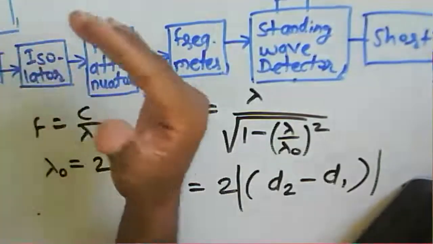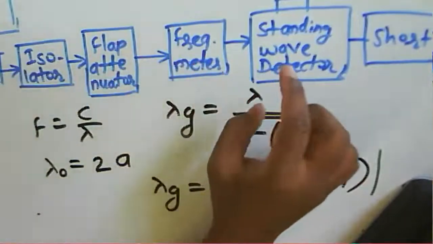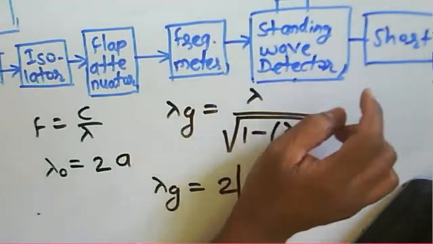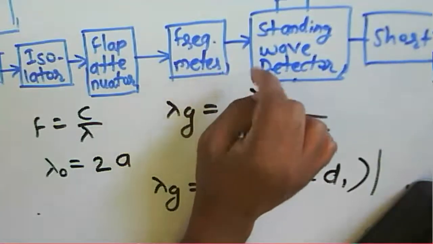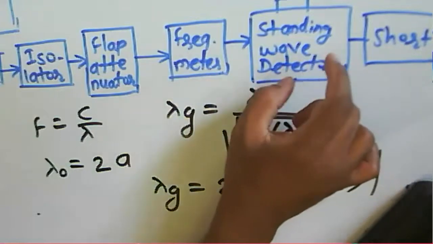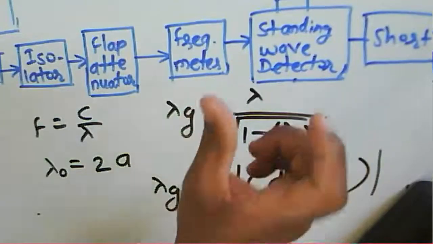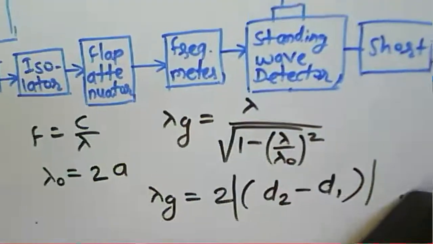Another method is the slotted line method. In the slotted line method, we consider a standing wave detector, where one end is the input end and the other end is connected to the short. On the slotted section there is a tunable probe carriage, and that tunable probe is connected to the VSWR meter.